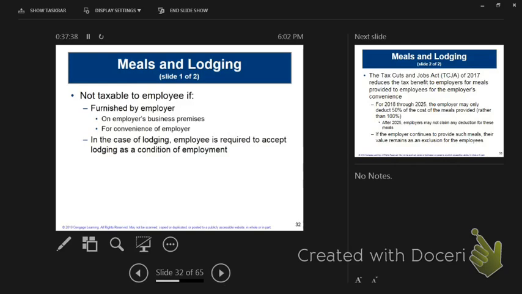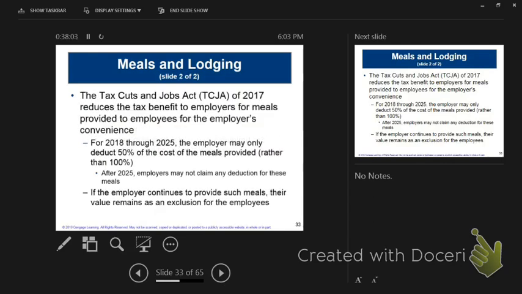Almost any time your company pays for you to have lunch or dinner or breakfast, it's going to be for their convenience because they're not just that nice, right? In the case of lodging, it's required for your employment. So basically, they're sending you out of town. You have to go, you don't get a choice. So therefore, you do not have to pay anything.